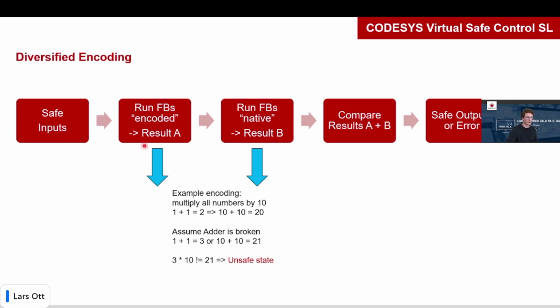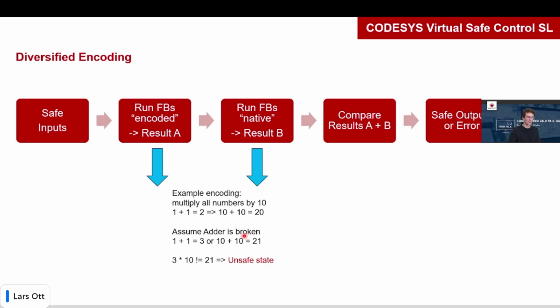So the way this encoding works, I have a simple example. One example could be you multiply every number in your math by 10. Whereas the unencoded version is 1 + 1 = 2, that would turn into 10 + 10 = 20. And then you can check in the end, yeah, 20 is 10 times 2, so both channels get the same result.